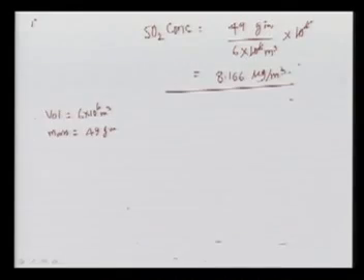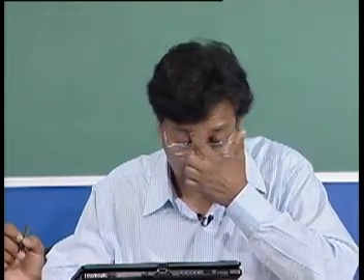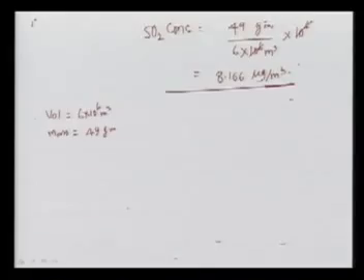This meter cube will be at different conditions, at 30 degree Celsius it will be different, and at 27 degree Celsius it will be different. So either we can convert this, or approximately, because things will not change so much, we can take the same concentration.